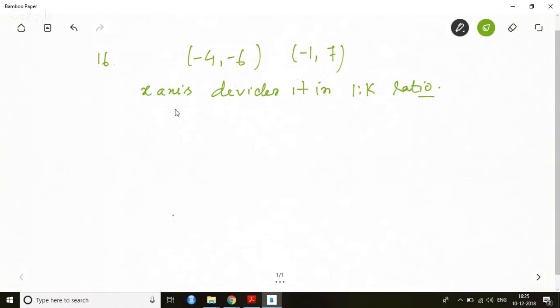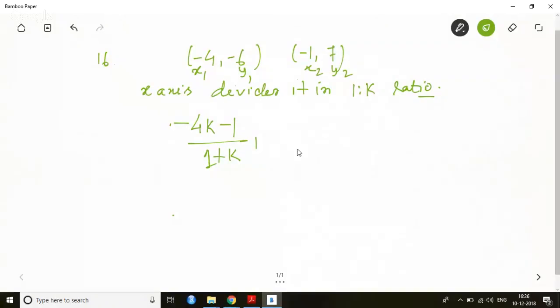So if it divides it in 1 is to k ratio, how much does it become? So this is x1, this is x2. So this is x1 into k, so minus 4k, x2 into 1, so this is minus 1 divided by 1 plus k. And this is y1 and this is y2.